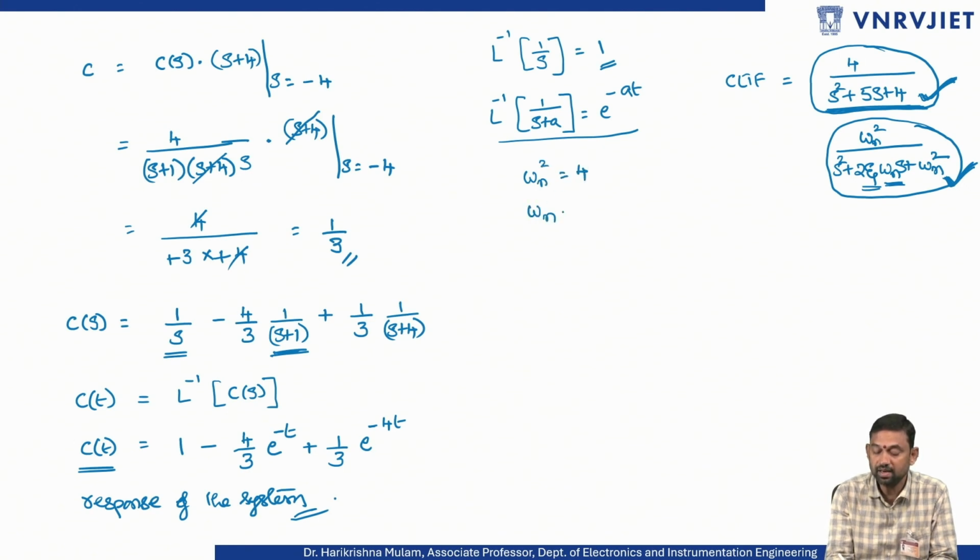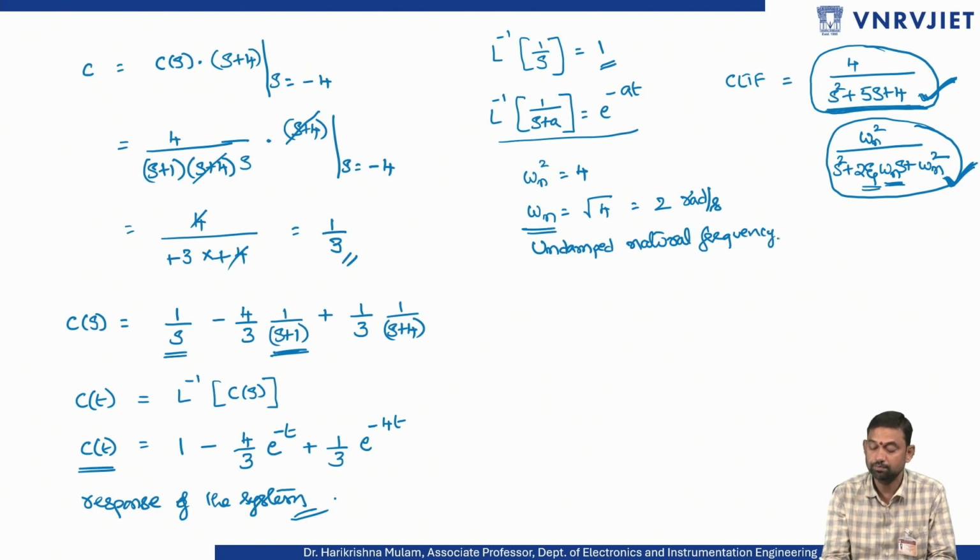Therefore, omega n is equal to square root of 4, which is 2 radians per second. This is the undamped natural frequency of the system. Then, if you compare 2 zeta omega n s with 5s, we can write 2 zeta omega n is equal to 5.